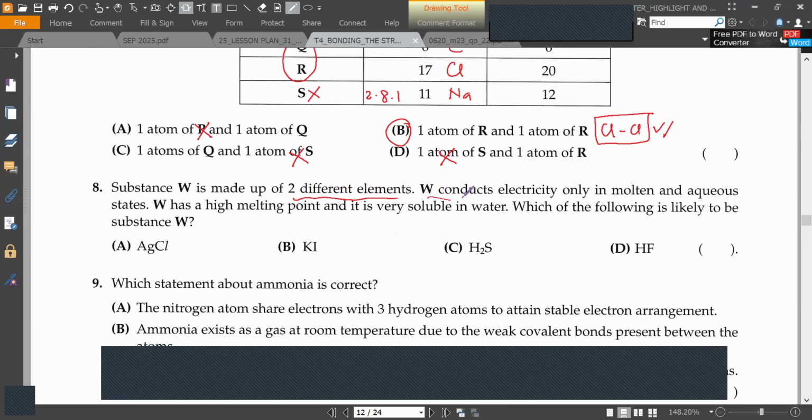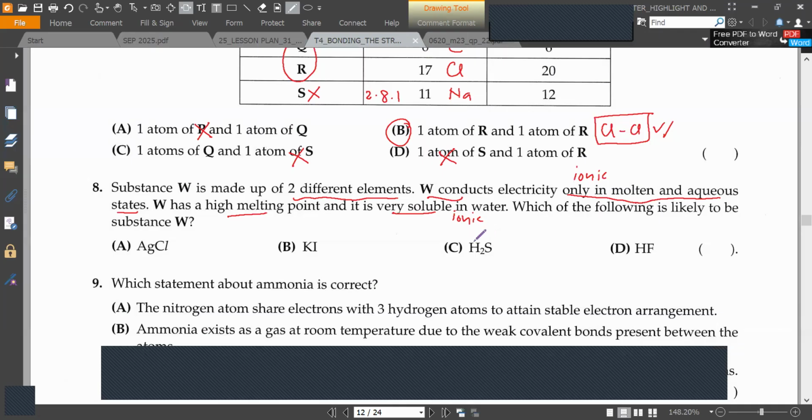Next. Substance W is made out of two different elements. W conducts electricity only in molten and aqueous states, which means it is an ionic compound. W has a high melting point and is very soluble in water, again characteristic of an ionic compound. So which one is substance W?